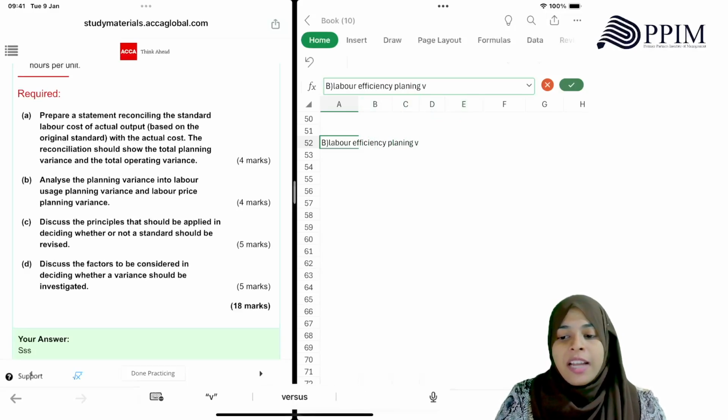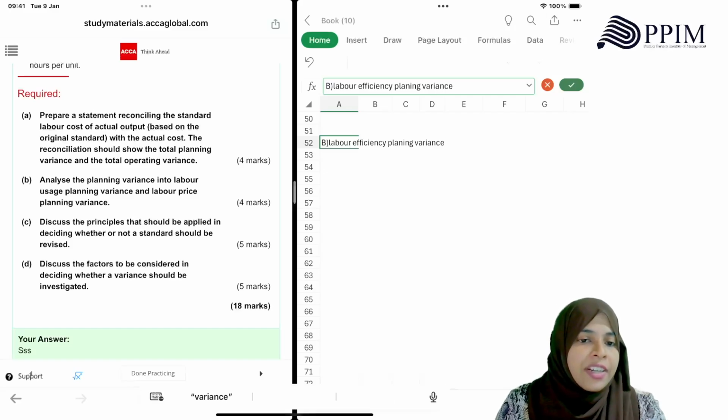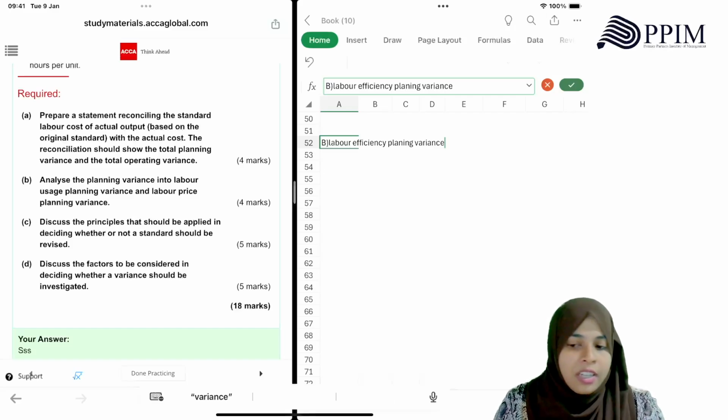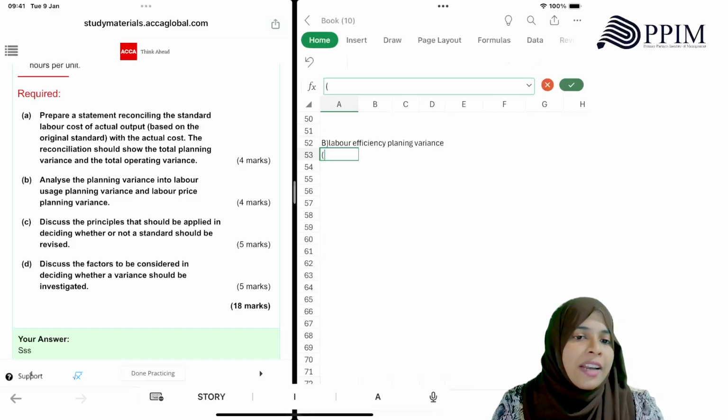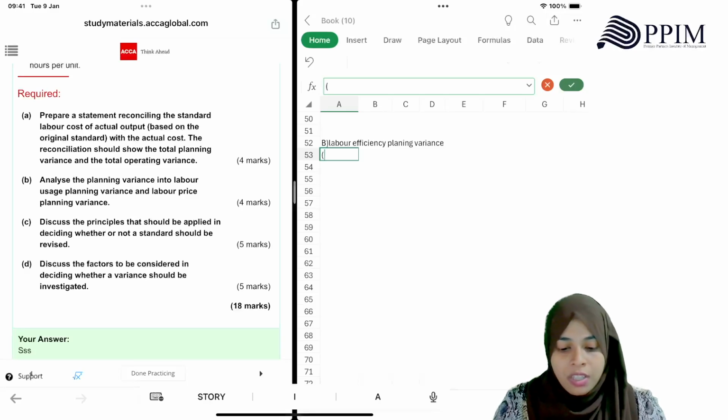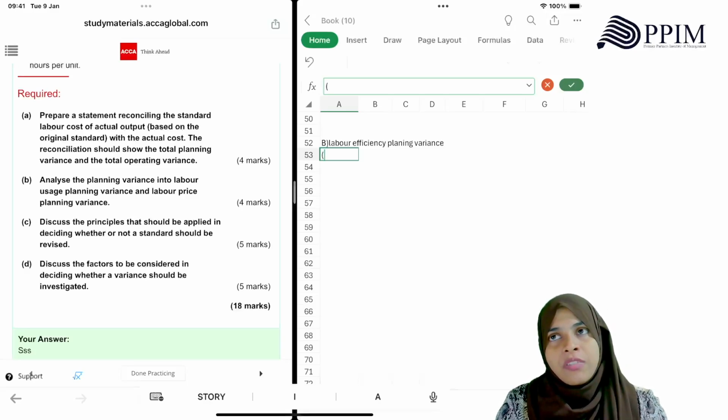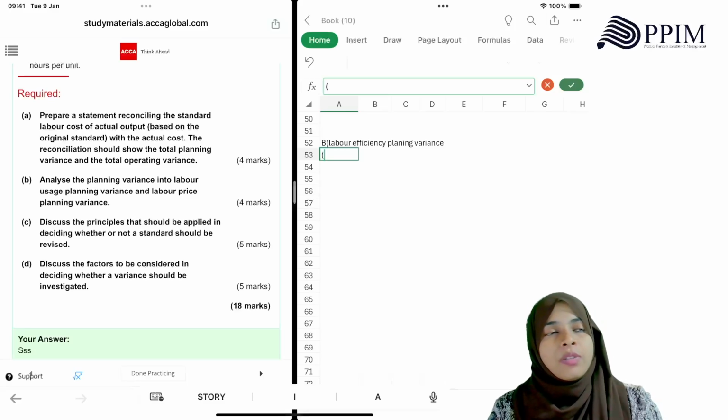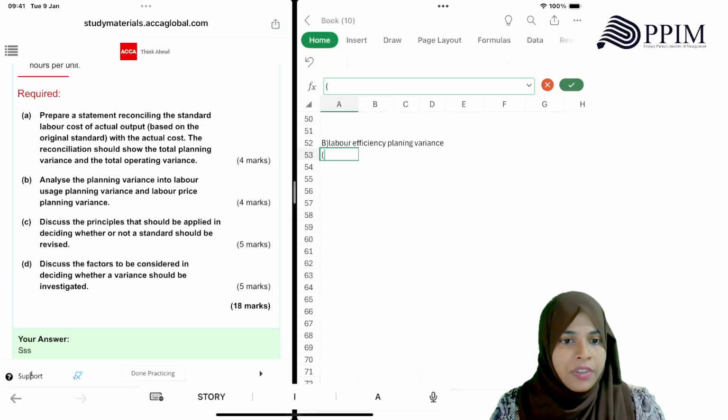What's the labor efficiency planning variance? Planning variance is what, guys? Difference between standard and revised standard. So what do you take for efficiency? Standard hours and revised standard hours. So if the revised hours are greater, it will go into an adverse variance, right?